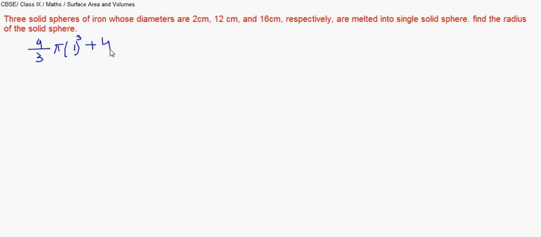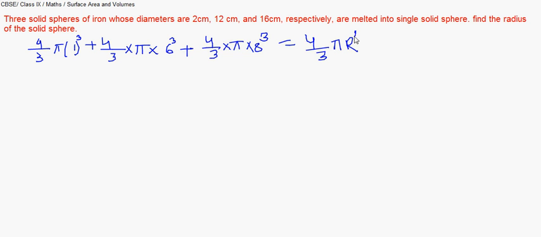Second, it is 4 by 3 again with pi, r becomes 6. 4 by 3 pi, r becomes 8. This should be equivalent to 4 by 3 pi capital R cube, so as to make a difference between the small radius and the bigger one.